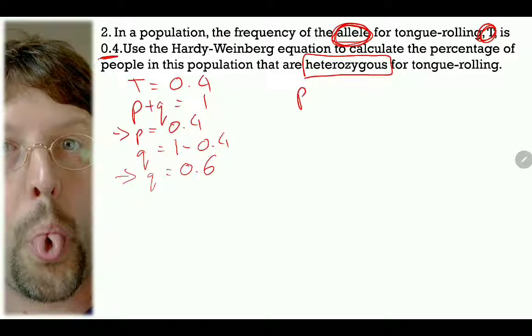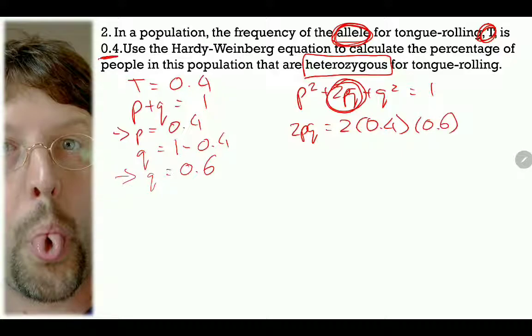So we use our longer equation, p squared plus 2pq plus q squared equals 1. Heterozygotes are 2pq. So 2pq is equal to 2 times our p, which is 0.4, times our q, which is 0.6. So 2pq is equal to 0.48.